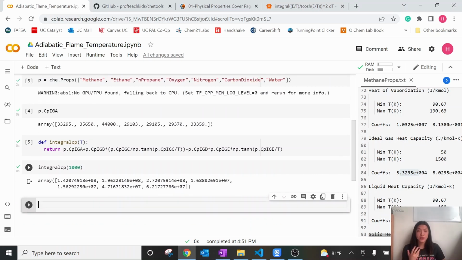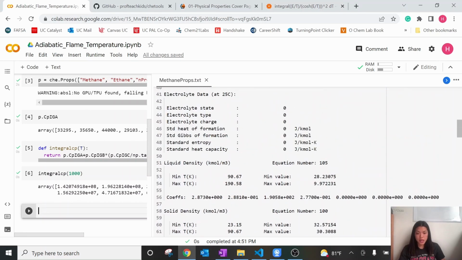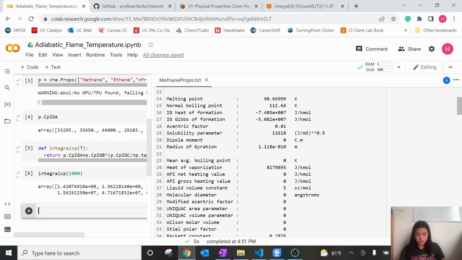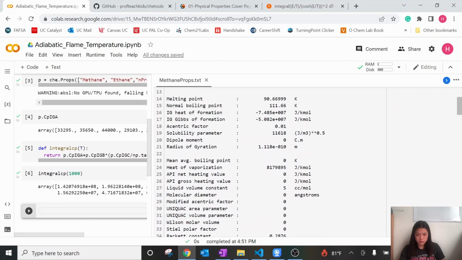Now that we have the heat capacity of an ideal gas at any given temperature, we have that equation. We can use this to find the enthalpy for any given temperature, because in all of these properties there is a heat of formation of an ideal gas.